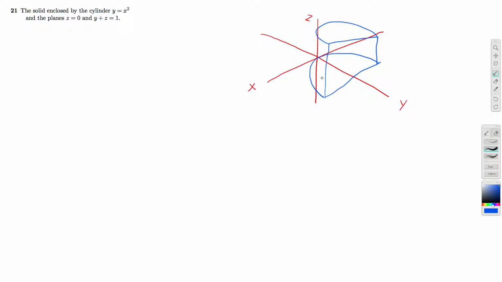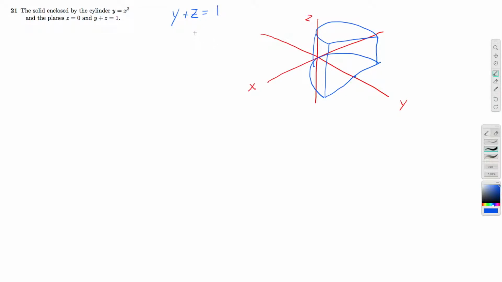And they're telling you that z equals 0. That should really close off. So z equals 0, so there's a plane going in the xy. And y equals z plus 1. So y plus z equals 1.